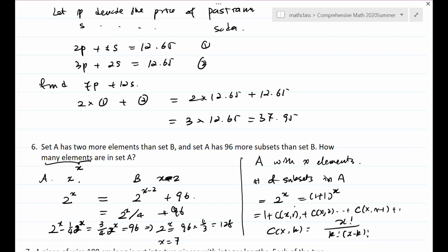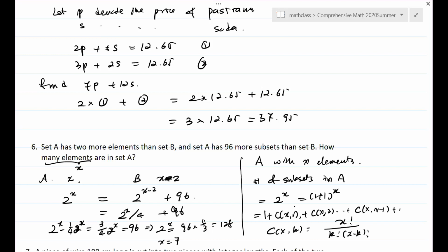Let me repeat this again. The important thing here is the key steps. The first step, you should know the formula for counting the number of subsets, which is 2 to the x if x is the number of elements in the set.